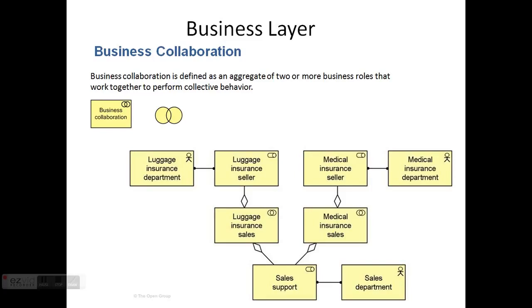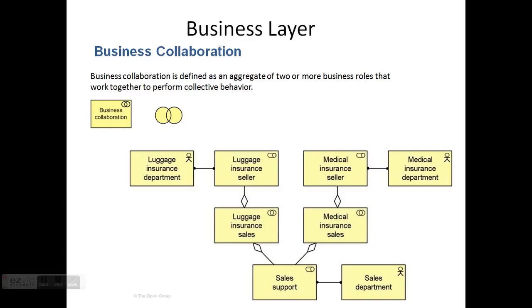In fact, a collaboration of two or more business roles results in a collective behavior which may be more than simply the sum of the behavior of the separate roles. So it will create added value when several business roles collaborate with each other. Business collaboration represents this collective effort of different roles.